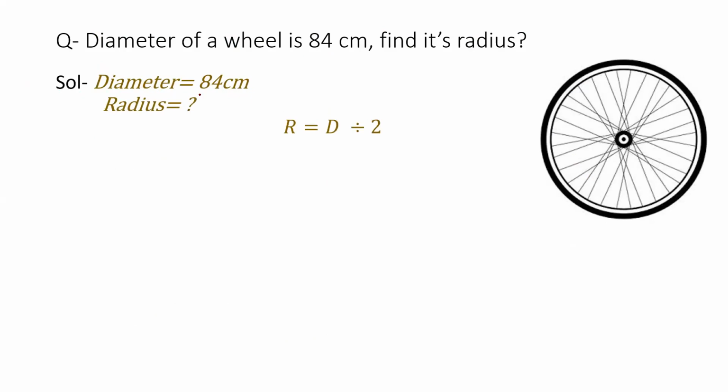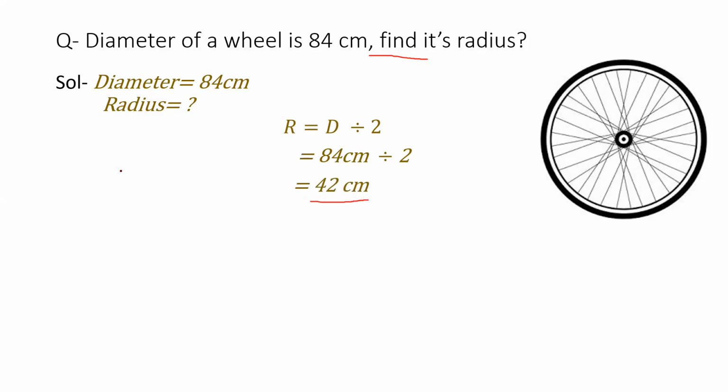Diameter is 84 centimeter. We have written this because this is given in the question. And radius we have to find. We don't know. So for that I have written the formula which we have already discussed. Radius is diameter divided by 2. Again I write 84 centimeter in place of d and I divide it by 2 and I get the answer 42 centimeter.